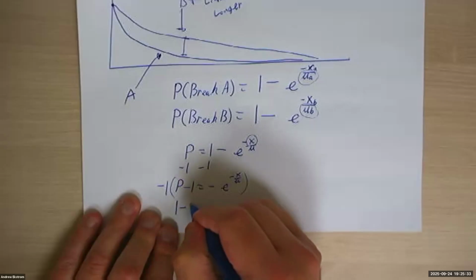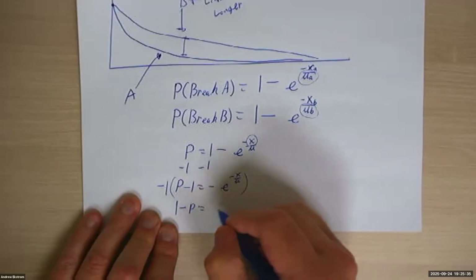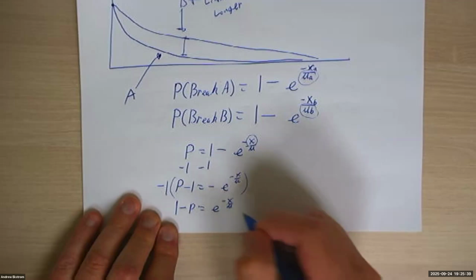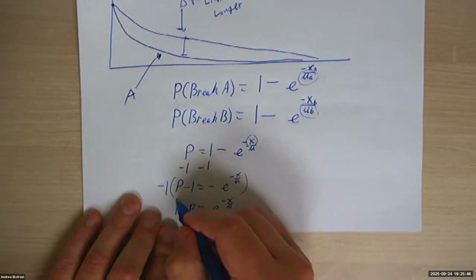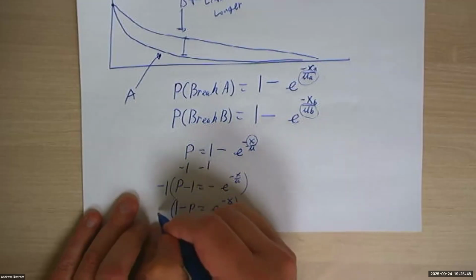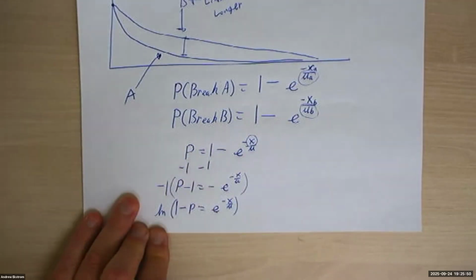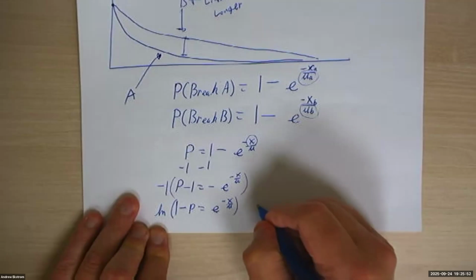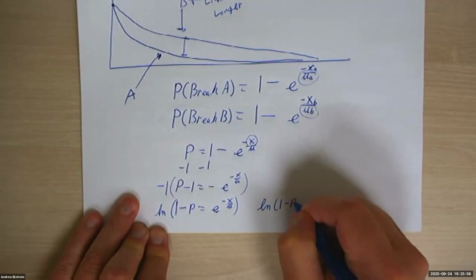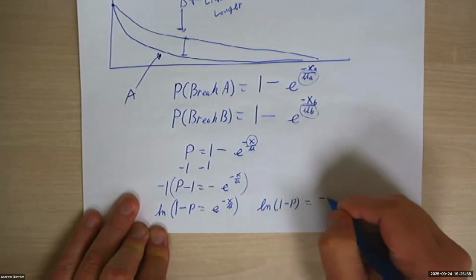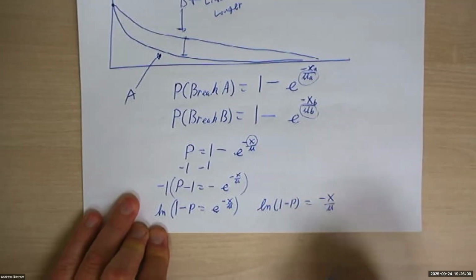That's going to give me 1 minus p equals e to the negative x over mu. Because I've got the exponential here, we have to do the opposite of the exponential, which is going to be to take the natural log. So now I have the natural log of 1 minus p equals negative x over mu.